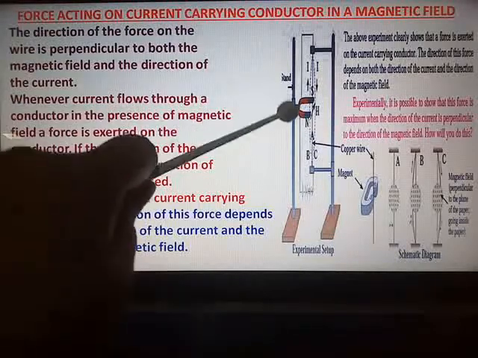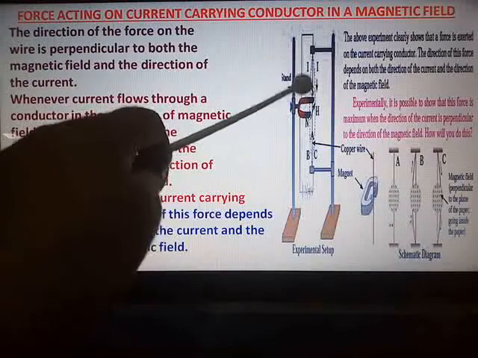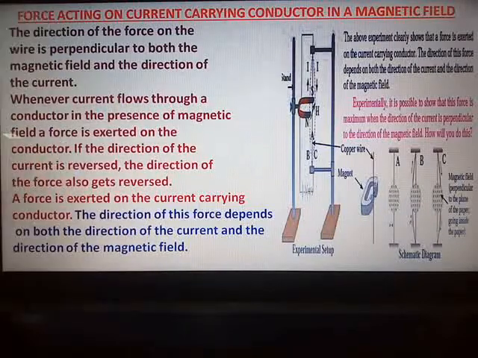If the magnet is kept in a reversed position, that is, its south pole is brought to the position of its north pole, and the north pole is brought to the position of the south pole, what can you observe?